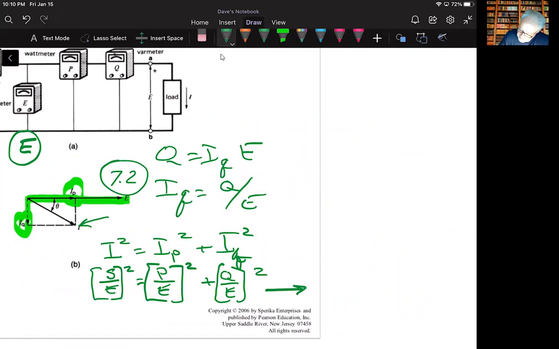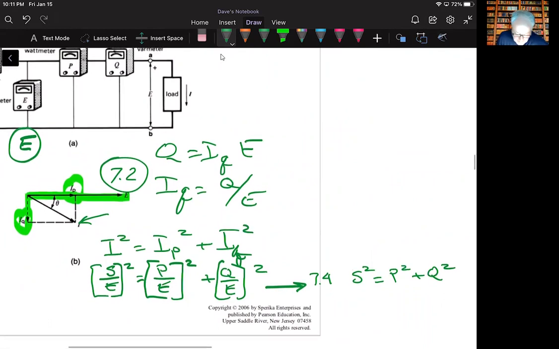We can take this common factor, this E, and factor it out, and we end up with this very important equation 7.4, which says that S squared is equal to P squared plus Q squared. This is a wonderful equation that lets us do a lot of different problems.